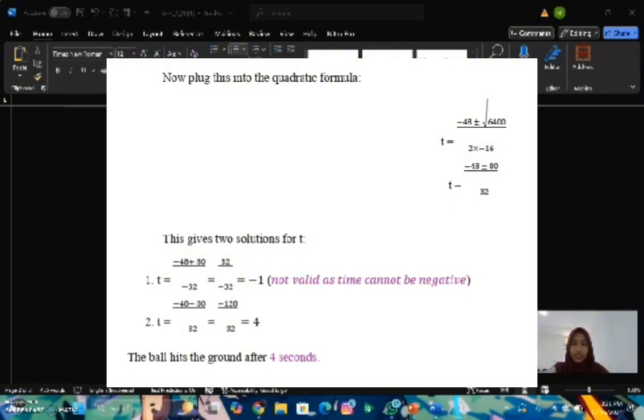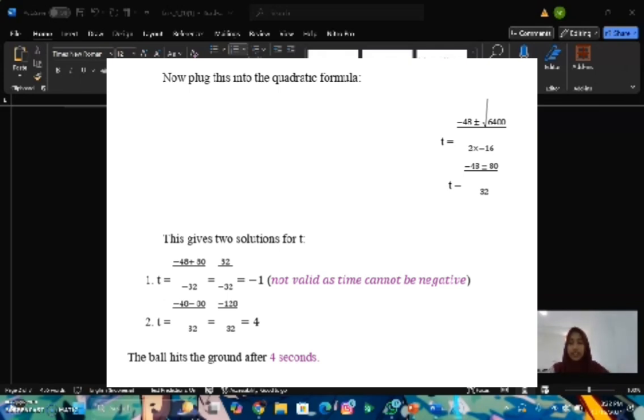First, t = (-48 + 80) / -32 = 32 over -32, because -48 plus 80 is 32. So, the answer is -1. This is not valid because time cannot be negative.